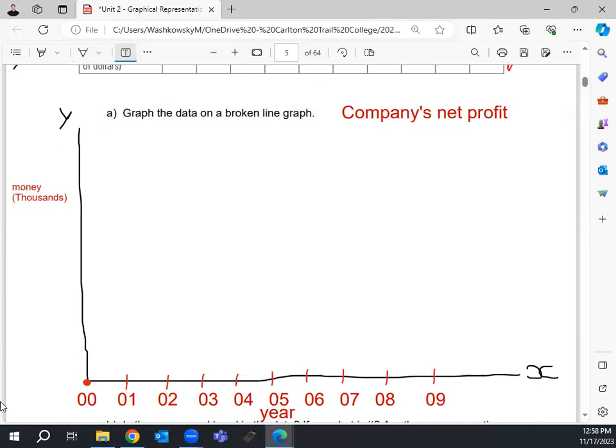So I've now marked my time in years. I have put a proper scale in there, which means I have the right amount of distance between these points, but they're also going to fit.